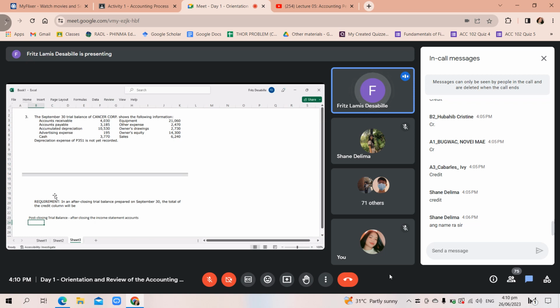Unadjusted trial balance contains permanent accounts, mixed accounts, and temporary accounts. Adjusted trial balance contains temporary accounts and permanent accounts. Now, post-closing trial balance contains only permanent accounts. I'm just going to put the summary here. Summary.